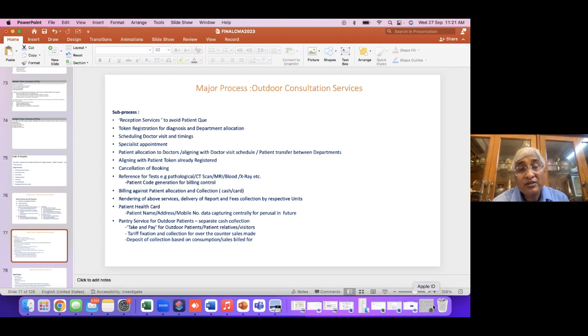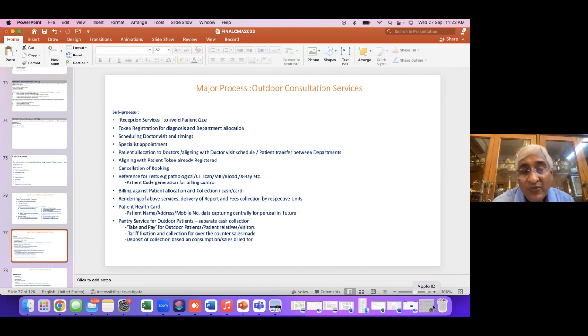Aligning with the patient token, which is already registered. As per the token, the patient will be allotted, and there is some announcement system. Mostly in big hospitals, there is an announcement system that says token number 58 may be aligned with the heart specialist, token number 59 may be in the ophthalmic department.